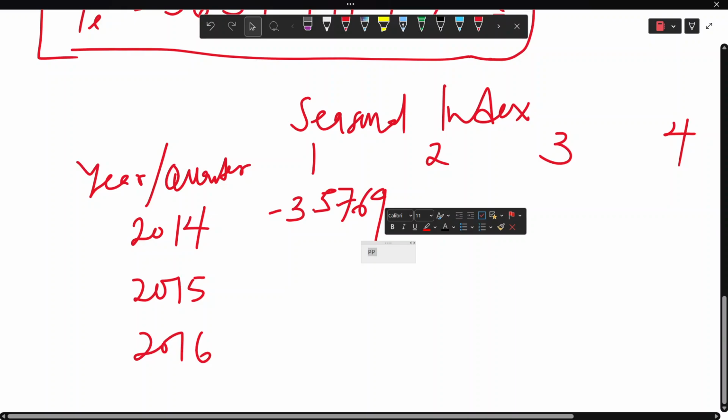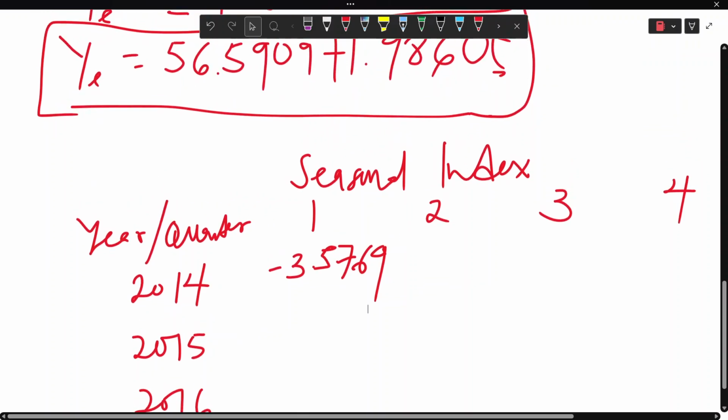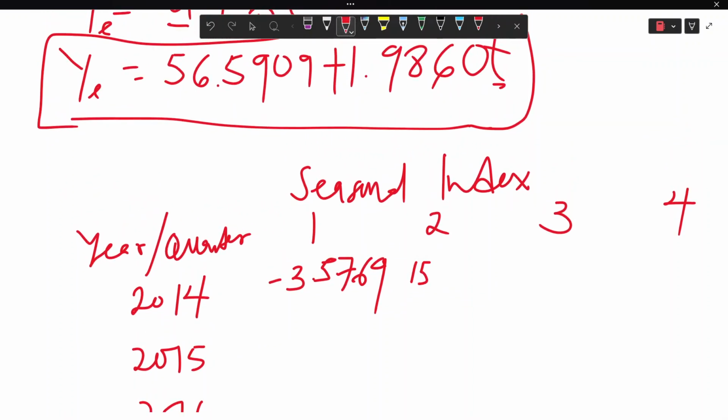Then for the second quarter in 2014, we had 15.4371. For the third quarter, negative 1.5489. And lastly, 12.4651.